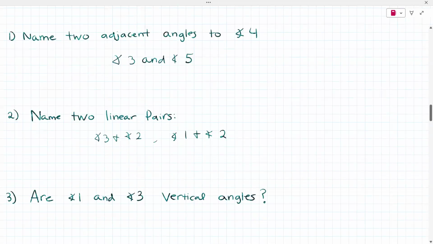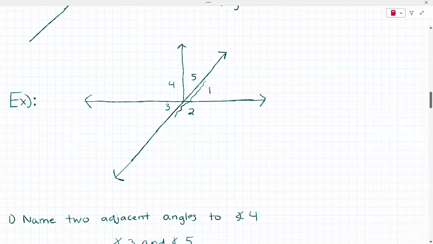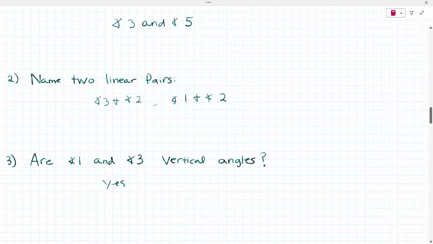Number 3, are angle 1 and angle 3 vertical angles? Yes, because they must be directly across two intersecting lines.